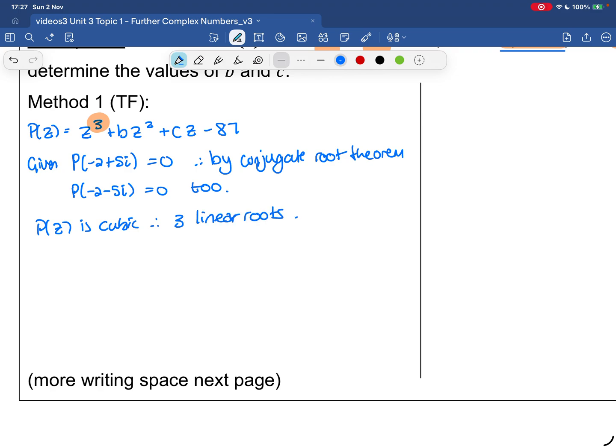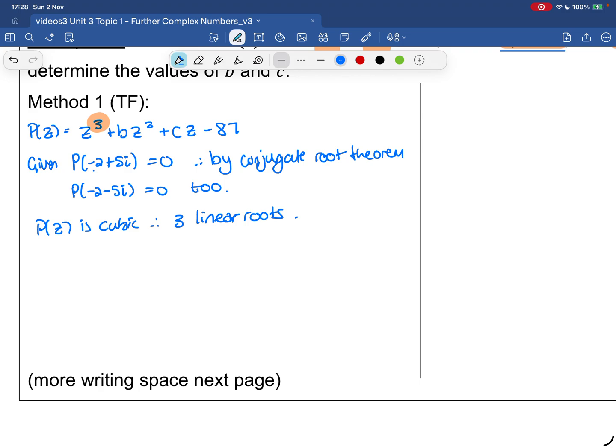And the importance of this is that I can write this z cubed plus bz squared plus cz minus 87 in factorized form. Similar to what you would do with cubic methods, where you would say y equals a, x minus x1, x minus x2, x minus x3 when writing it in x-intercept form. We can do the same thing with this complex polynomial.